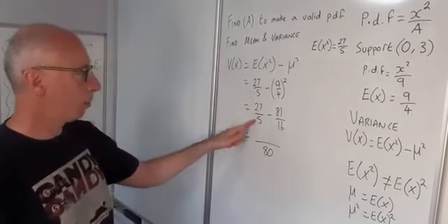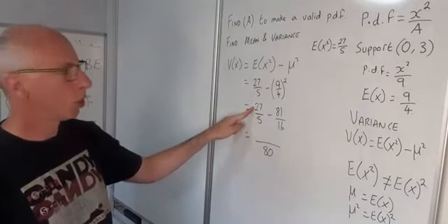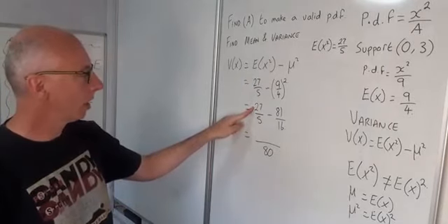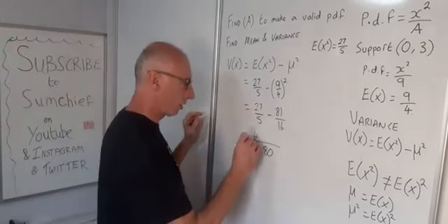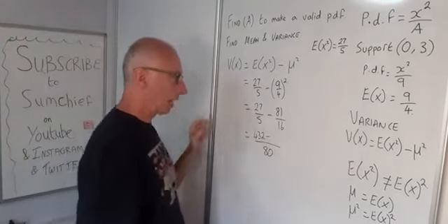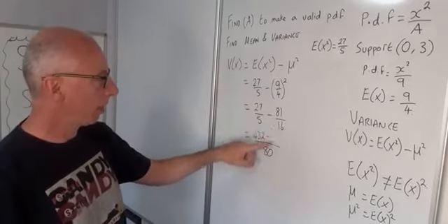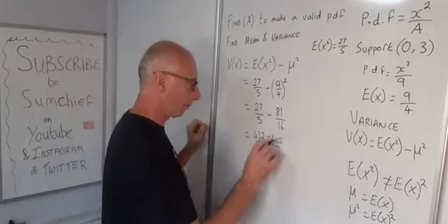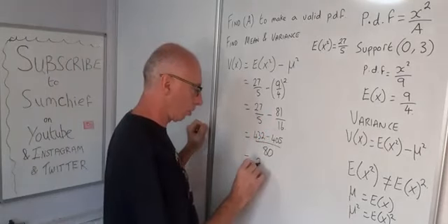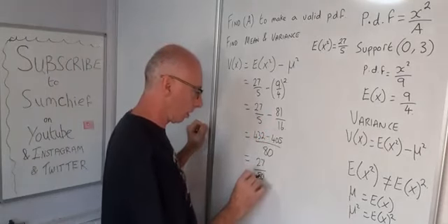So that means this side is multiplied by 16. 27 times 16, or 27 15s are 405, so that's 432. And then this one we've multiplied by 5, so 5 81s are 405. So that's going to give us 27 over 80.